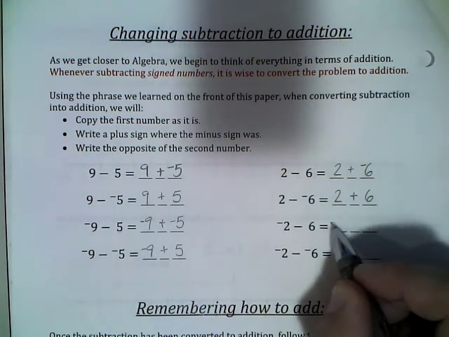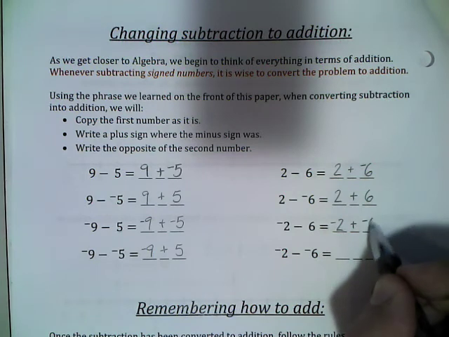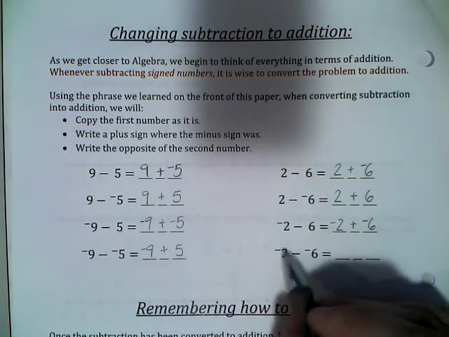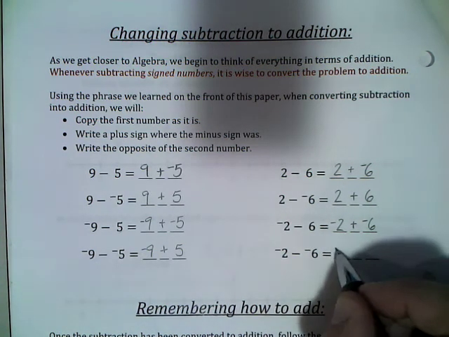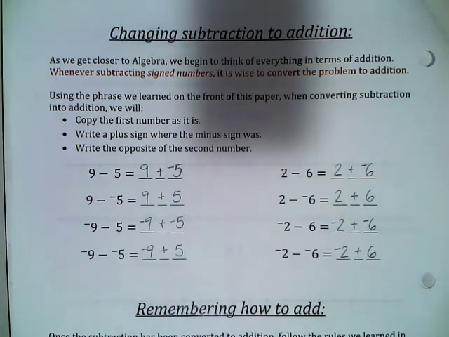Here, negative 2 plus the opposite of positive 6 is a negative 6. And then negative 2 minus negative 6 will be a negative 2 plus, and then the opposite of a negative 6 is a positive 6.